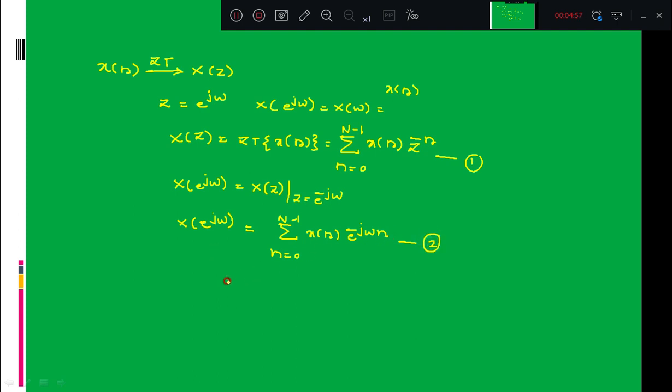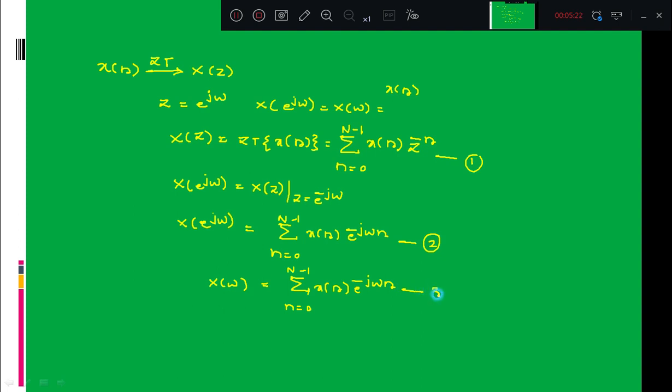Now this X of e raised to j omega I will simply write as X of omega, where omega is a continuous frequency. Please remember, omega is a continuous frequency, and the RHS of this equation is the summation n equal to 0 to N minus 1 of x of n into e raised to minus j omega n.